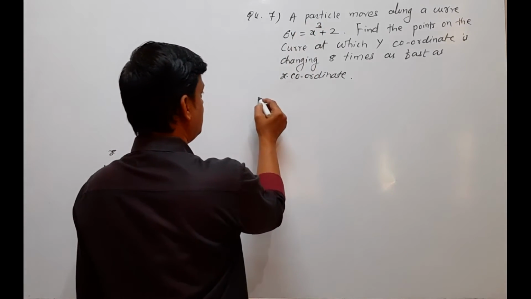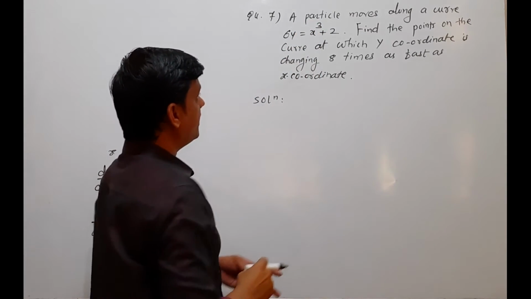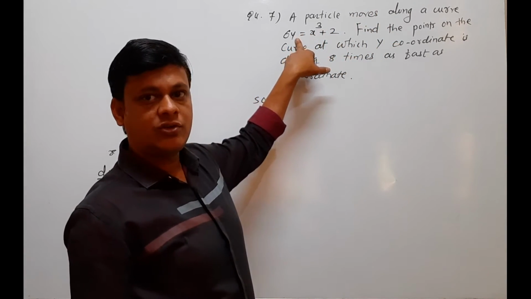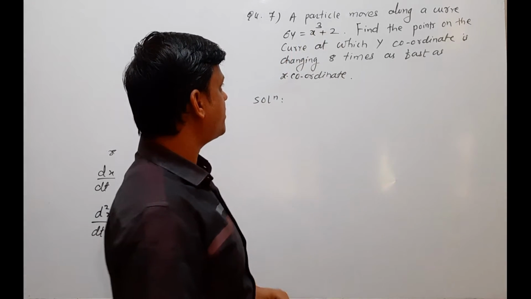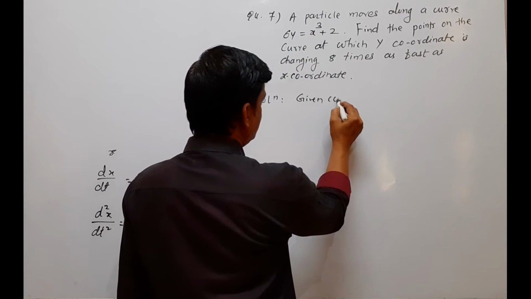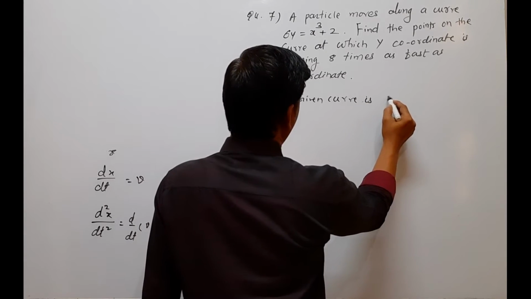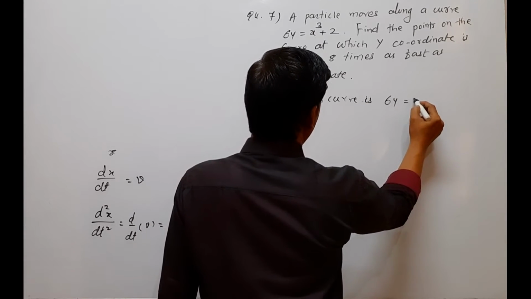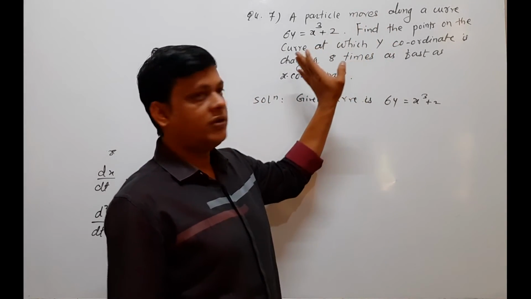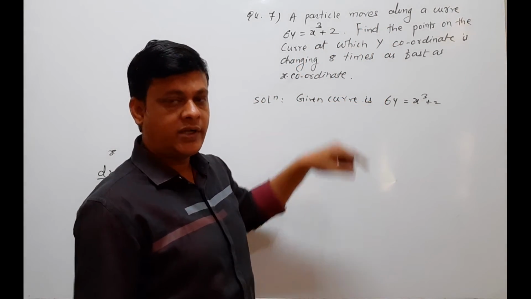So see here in the solution, a particle moves along a curve. The given equation of the curve is 6y equals x cube plus 2. We have to find the points on the curve.